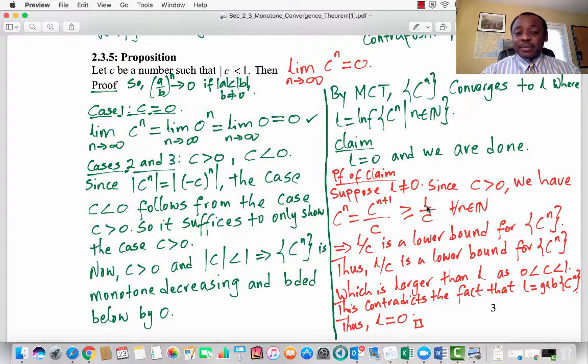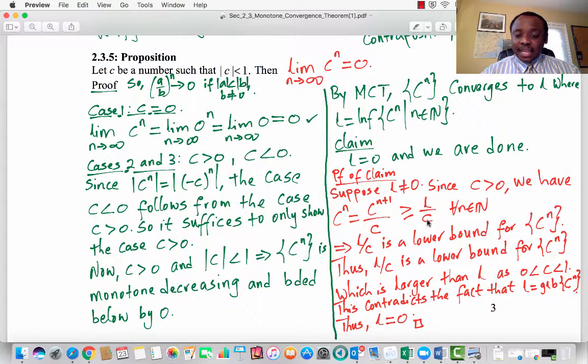L is the infimum, so for every natural number n, c raised to the n is greater than or equal to L. In this case, c to the n plus 1 is greater than or equal to L. And since we are dividing by c, c to the n plus 1 divided by c would be greater than or equal to L divided by c.